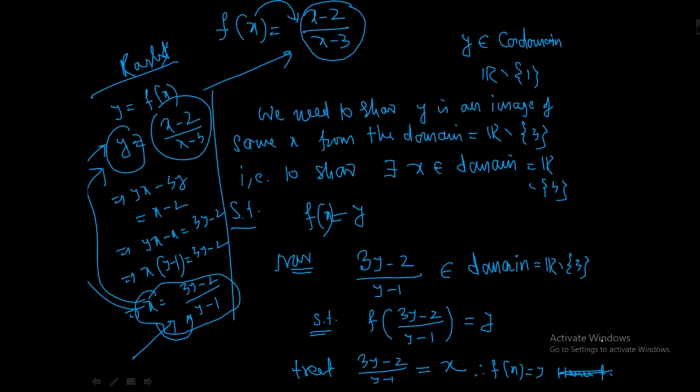Then we will write f of that value of x in terms of y will be y. So f will become onto. Is the algorithm clear? যদি কনসেপ্ট একটু বুঝতে অসুবিধা হয়, is the algorithm clear? কি প্রুফ করবি, ধরবি একটা y আছে কোডোমেন থেকে, তারপর এই করে এগোবি। Is that clear?